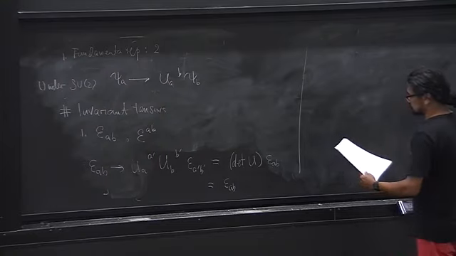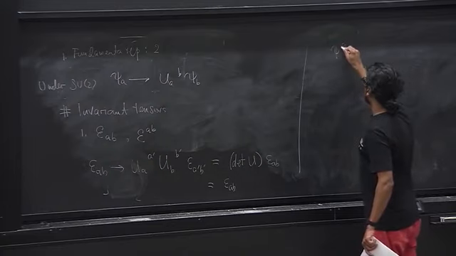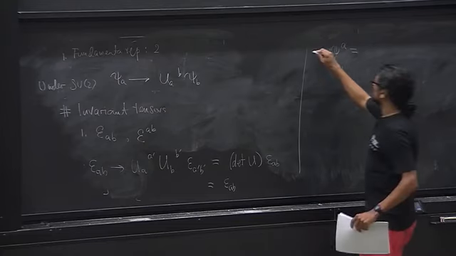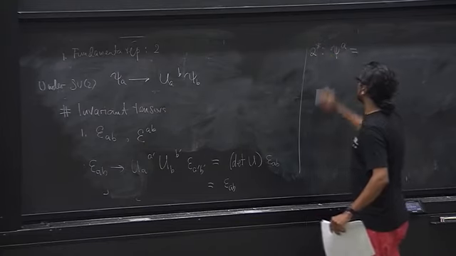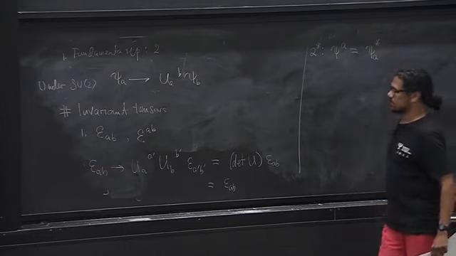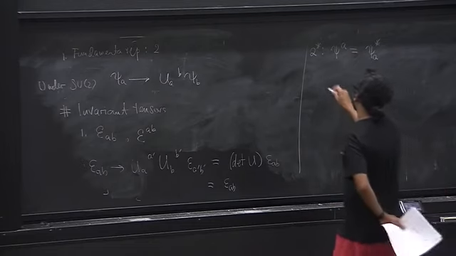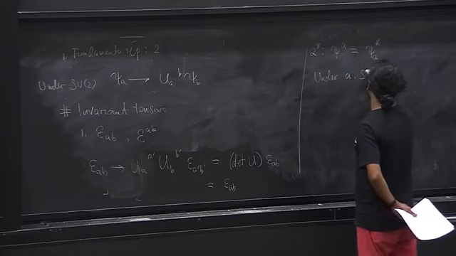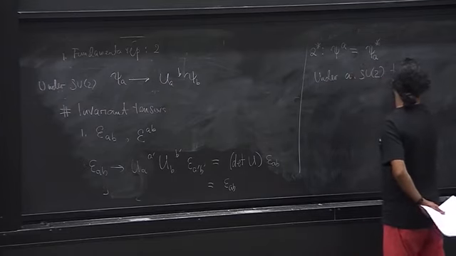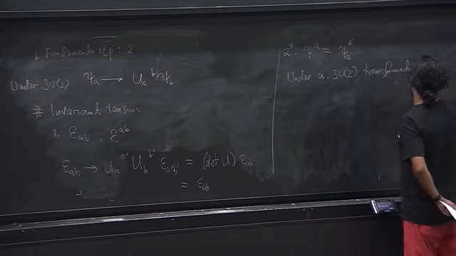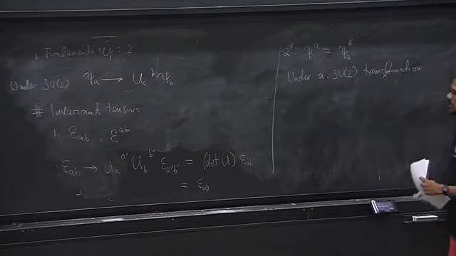So the notation that one uses is that for the 2 star we raise the index, and under an SU2 transformation, I'm not deriving all these little things because there's a lot of notation and it'll take too much time.